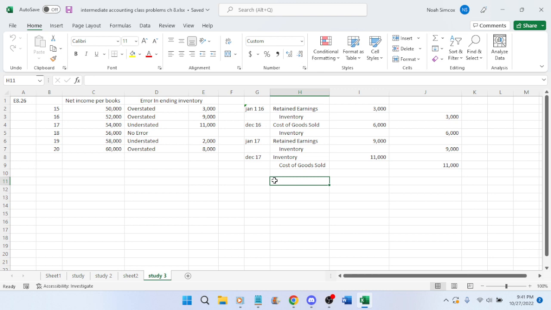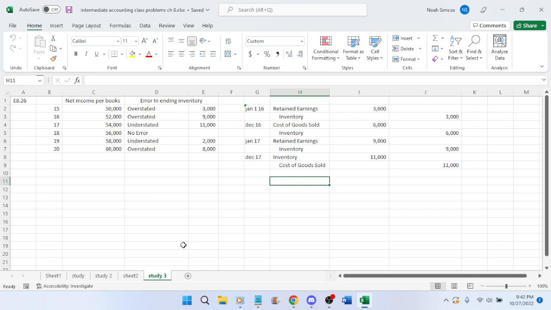It is now overstated by 9,000. It went from 3,000 to 9,000. But you'd already fixed it. Now it's overstated by 9,000. This is what's confusing. How come that's 6,000? I still don't understand it.